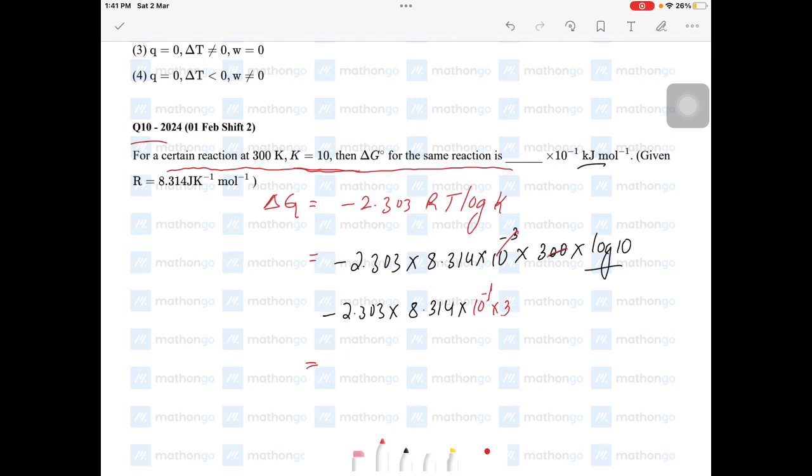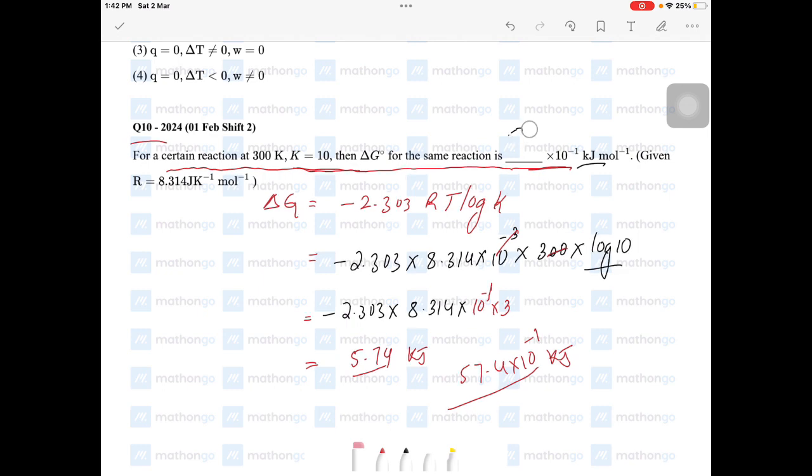Then simplify this, will get 5.74 kilojoules. So in this expression, 57.4 into 10 to the power of minus 1 kilojoules. That's why the answer is 57.4 into 10 to the power of minus 1.